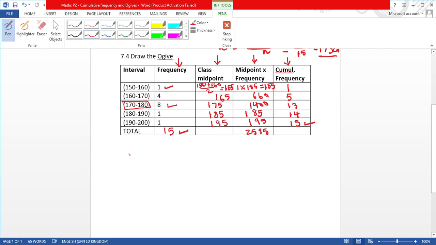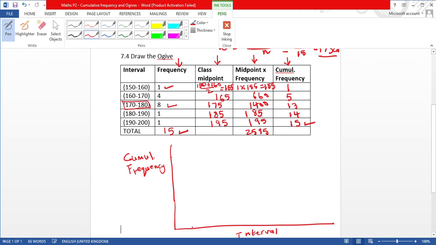Let's write here cumulative frequency. That's going to be on the y-axis. Then on your x-axis, you're going to be having interval. This is where you're going to put the interval.